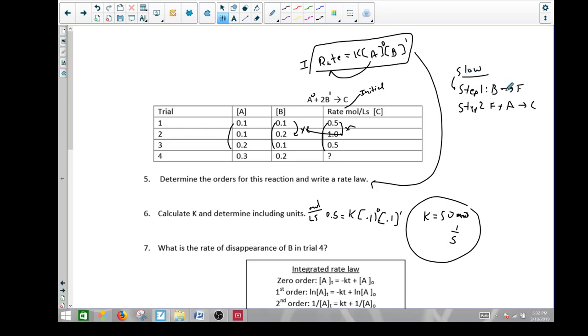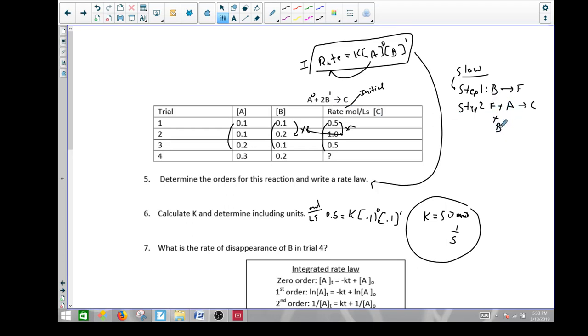So I get just one B, that's where that one B shows up. F is an intermediate, so it's not going to show up in the overall reaction. And A is beyond the slow step. Actually, we need a second B here because there are two B's. So likely there could be another B right here.